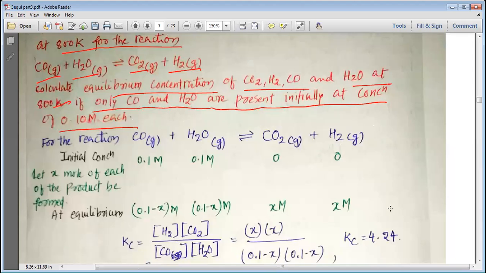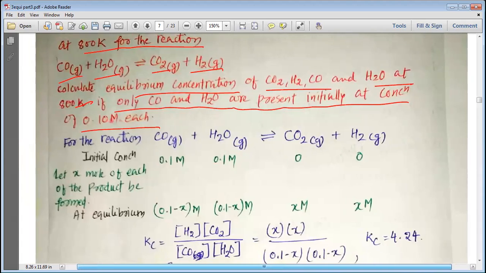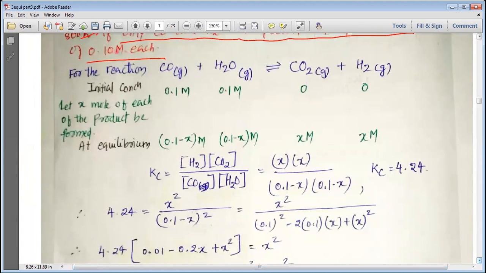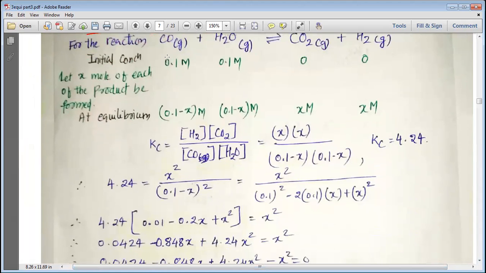Now, my dear students, we want to understand this problem very well, so let us pay enough attention. Now we are given the reaction CO gas plus H2O gas that gives CO2 gas plus H2 gas. When we look at the initial concentration, initially only the reactants are present, and that is why the concentration of product is considered zero.